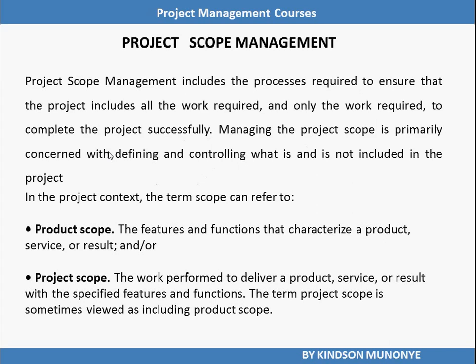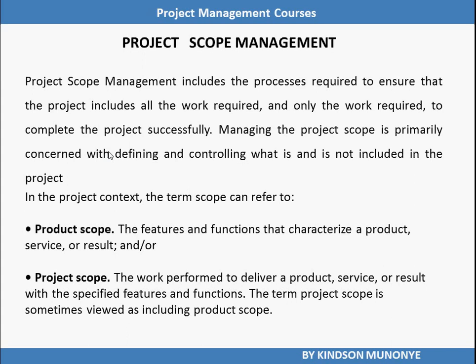Project scope management includes the processes required to ensure that the project includes all the work required and only the work required to complete the project successfully. Managing the project scope is primarily concerned with defining and controlling what is and what is not included in the project. In the project context, the term scope can refer to product scope.